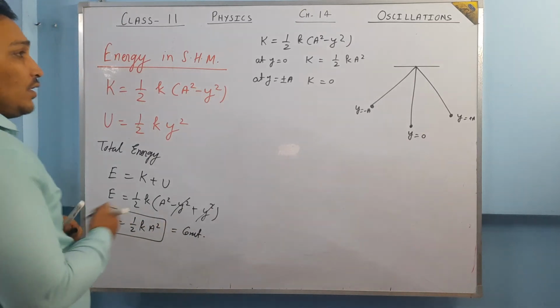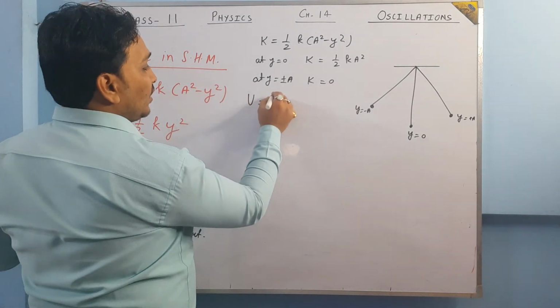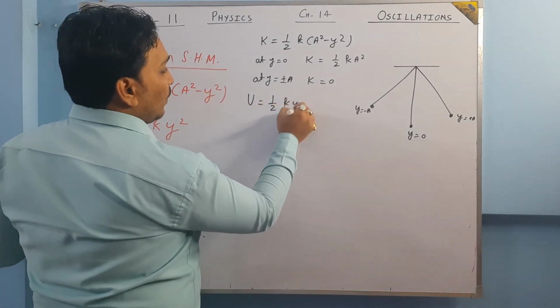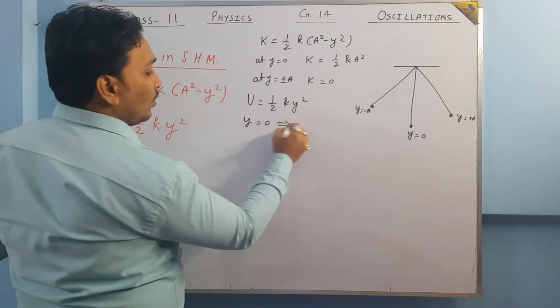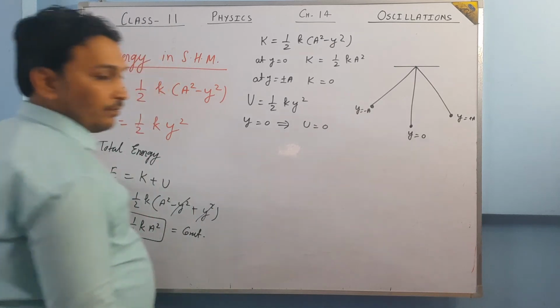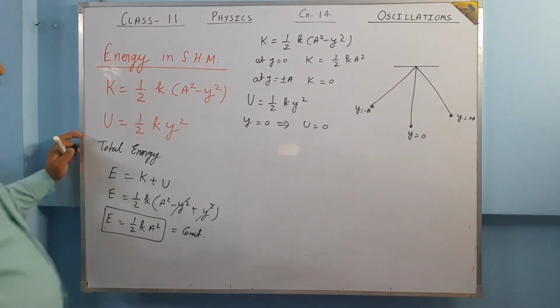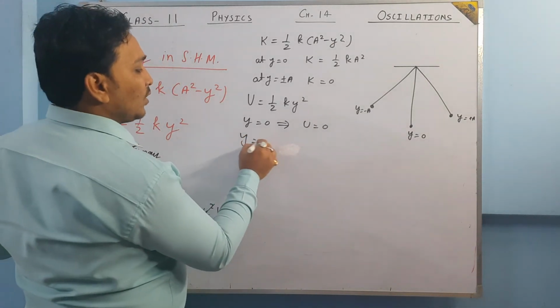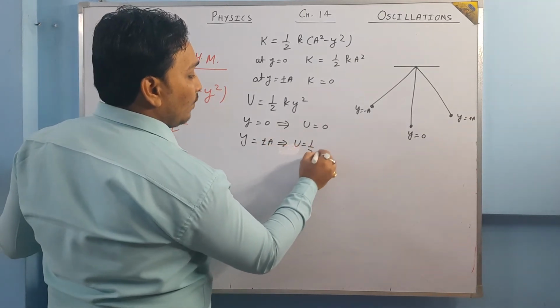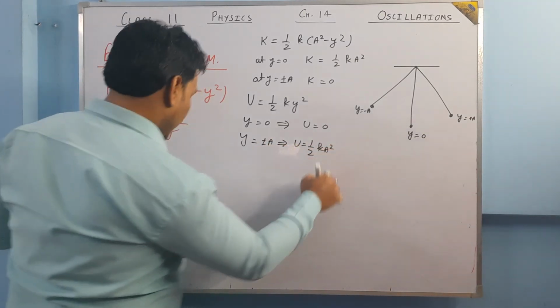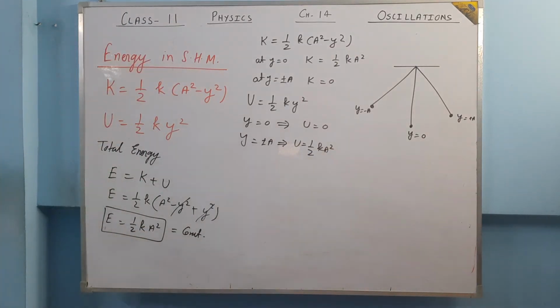Whereas if you try to understand the variation of potential energy, it is half k y square. So when y is equal to 0, U comes out to be 0. And when y is equal to plus minus a, U comes out to be half k a square, which is equal to the maximum energy.